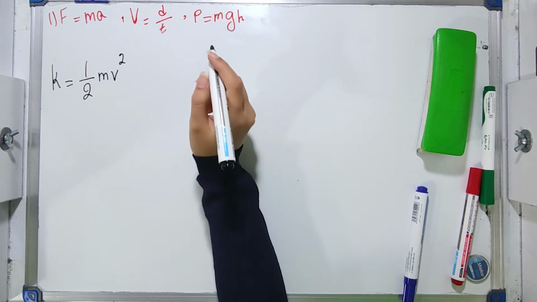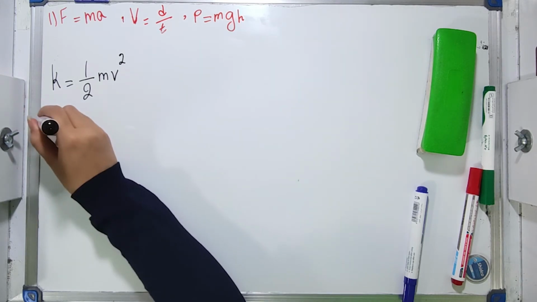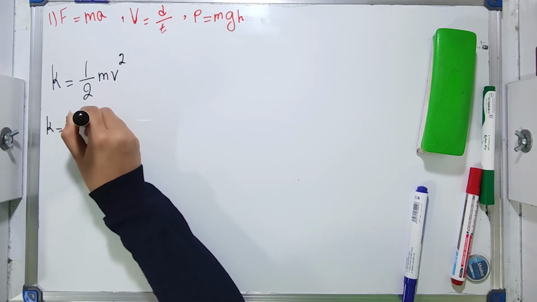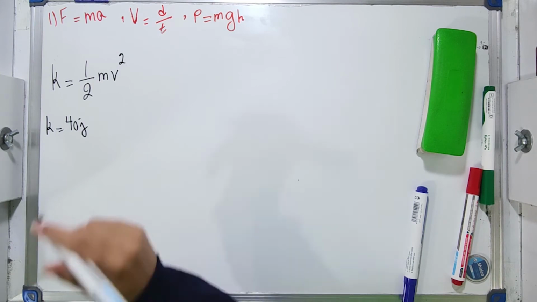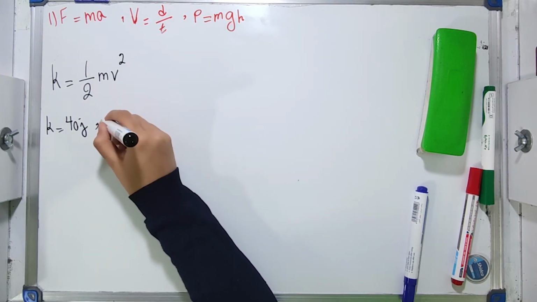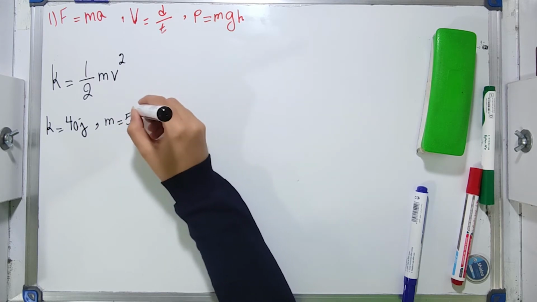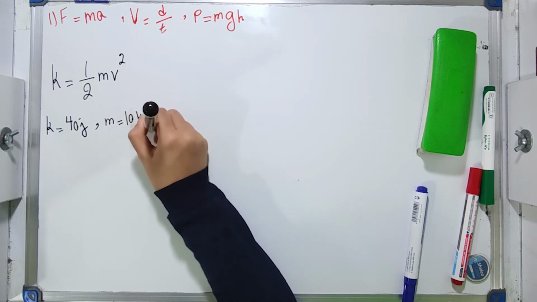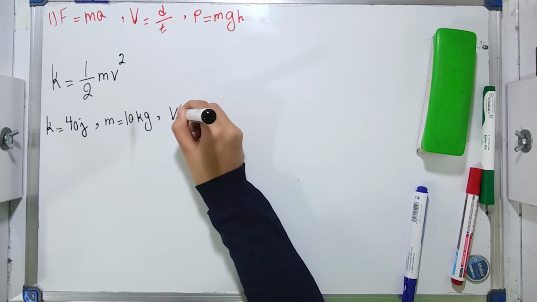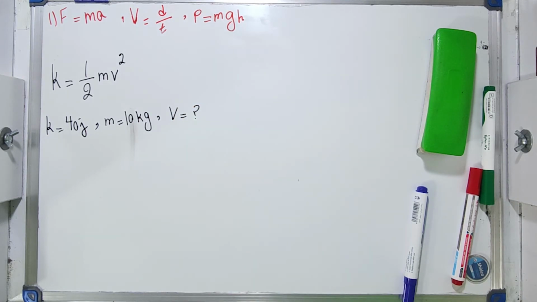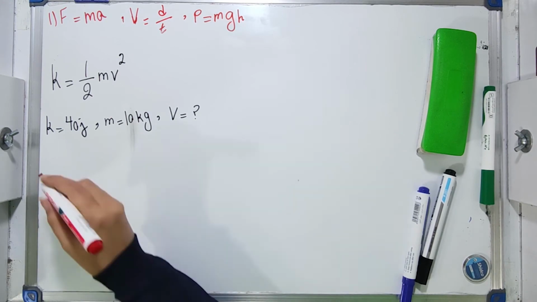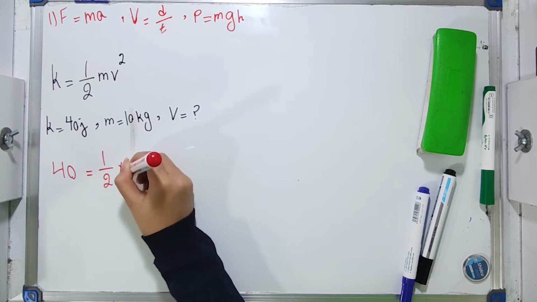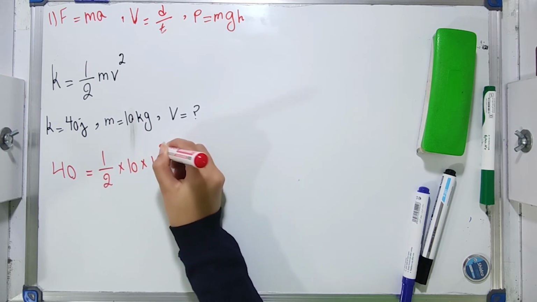So, for example, I say kinetic energy is 40 joules and m is 10 kilograms, because it's easier to calculate, and what you want is speed, velocity. Let me just substitute the numbers. 40 equals 1 over 2 times 10 kilograms times v squared.